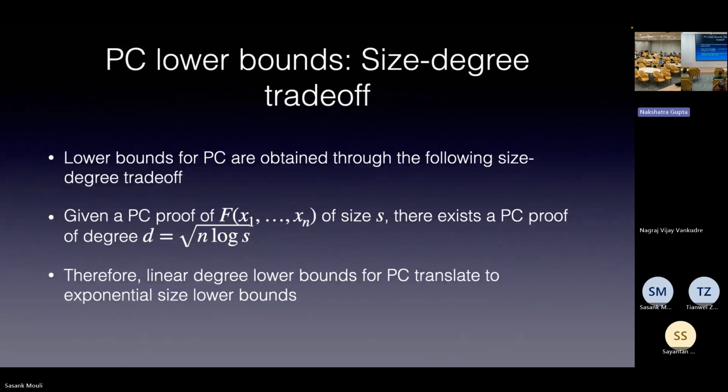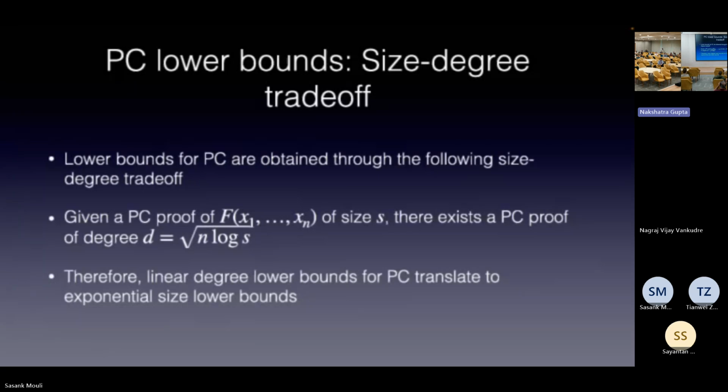One way to state it is, if you have a small size proof of size s, then you also have a small degree proof of about square root of n log s. The contrapositive is that if you prove a linear degree lower bound, in the sense that you show some formula in n variables requires degree omega of n, then you also get exponential size lower bounds for the same formula.